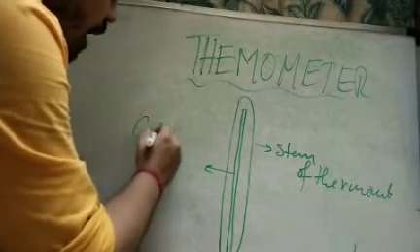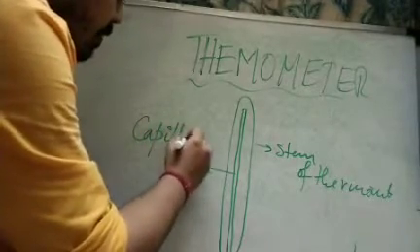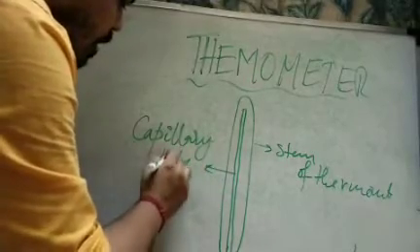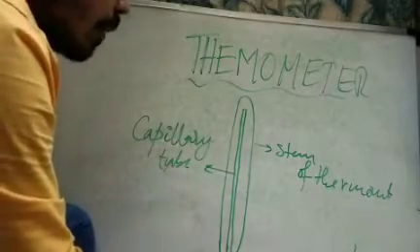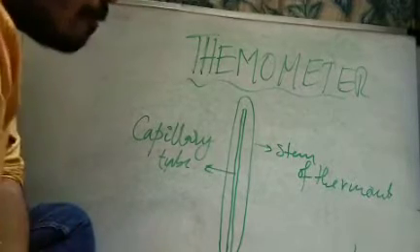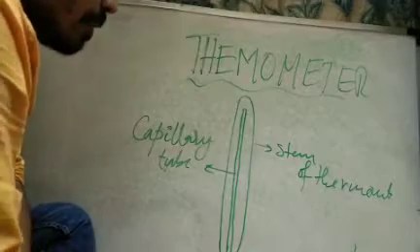This narrow glass tube which is connected with the bulb of the thermometer is popularly known as capillary tube. The bulb of the thermometer is filled up with mercury.